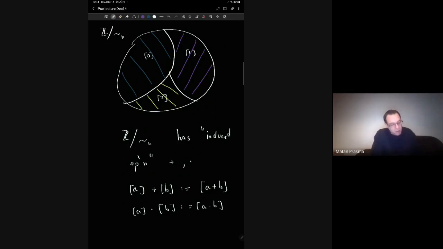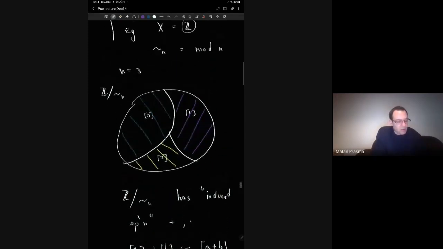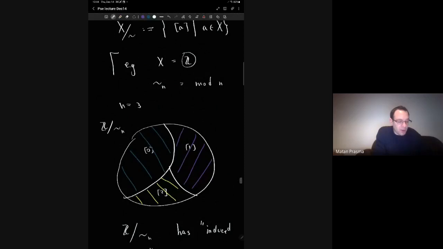Now, it's not always true that you will get induced operations on the quotient set. I mean, when you take the quotient, you glue things together, so you might destroy the properties that you had on the original set.